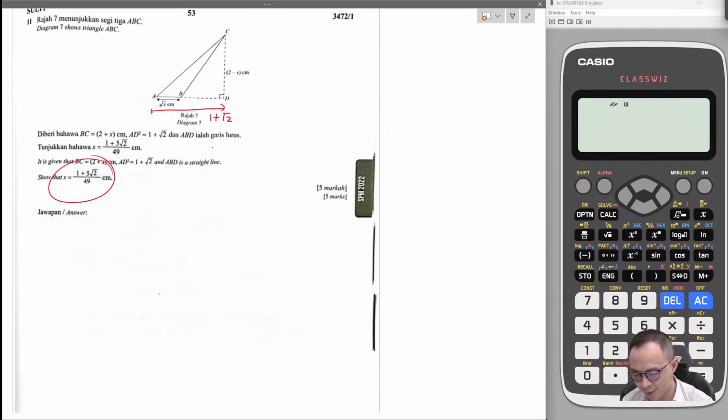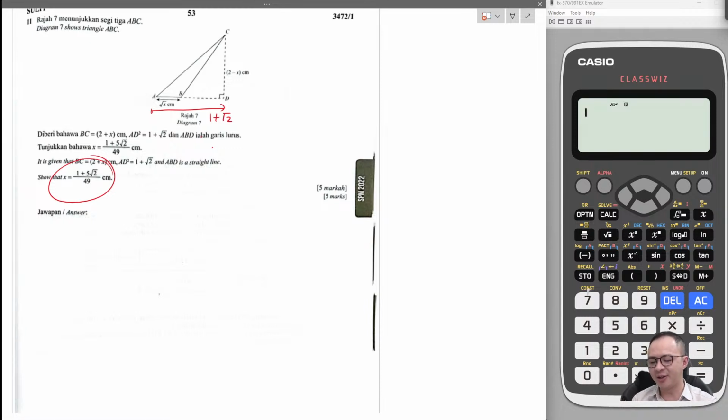Okay, so what other information do we have? Because we have AD, we can definitely find BD, and if we find that, then we can find BC. Or I find AC first.